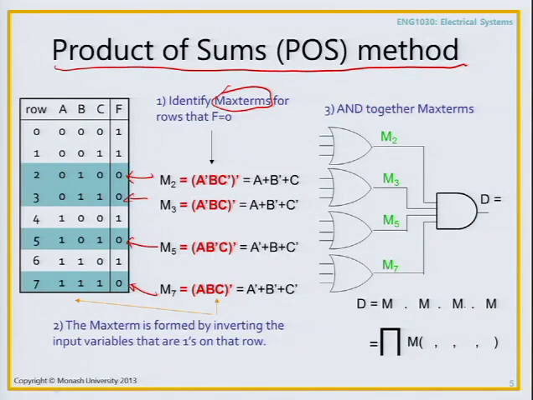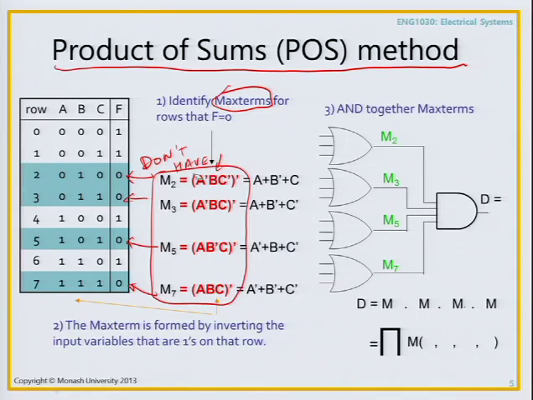And what we're saying here, essentially, is that this truth table is a 1 when we do not have row 2. We don't have row 2, and we don't have row 3, and we don't have row 5, and we don't have row 7. That's what this logic here is saying in the red.